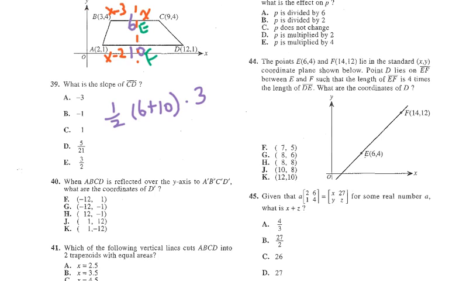Another way to do 41 is just plug in and check the answers. For this part, we got the area for the ABCD, it will be 24. Half will be 12. Then just check using 1/2.